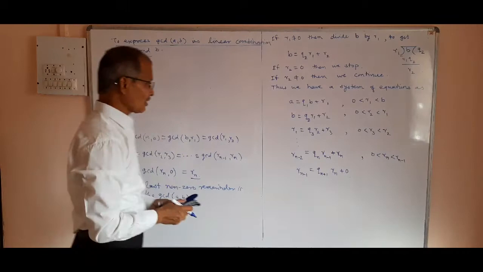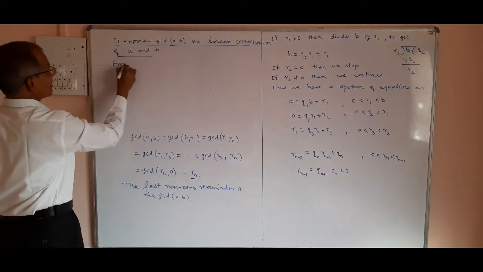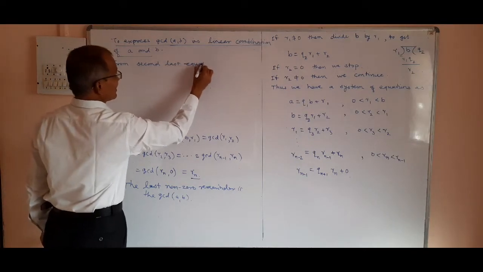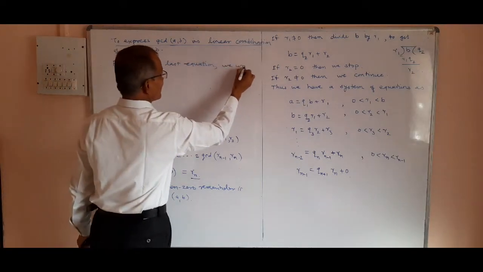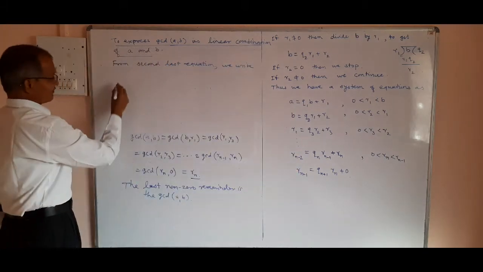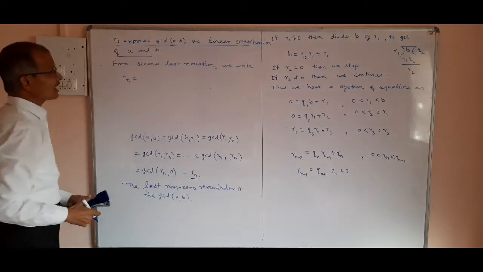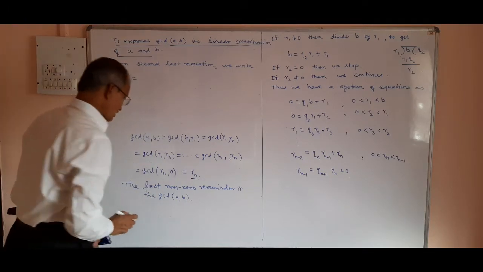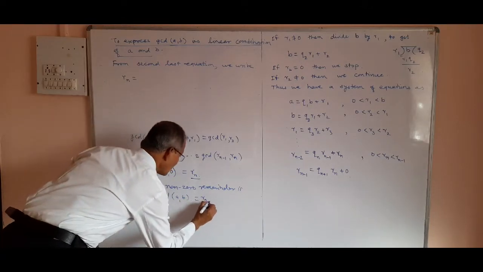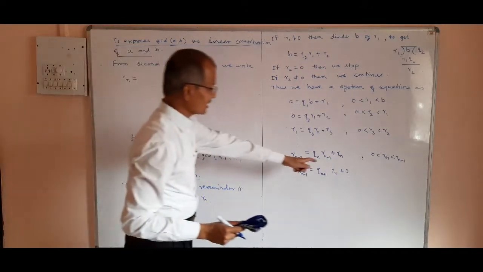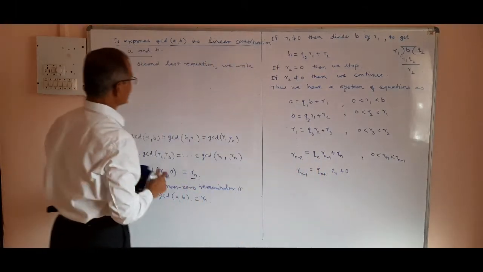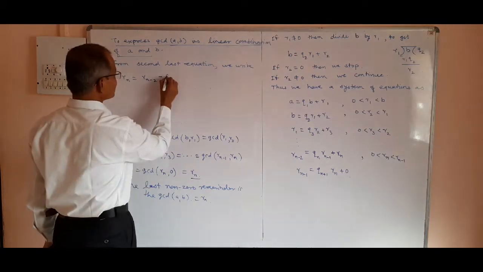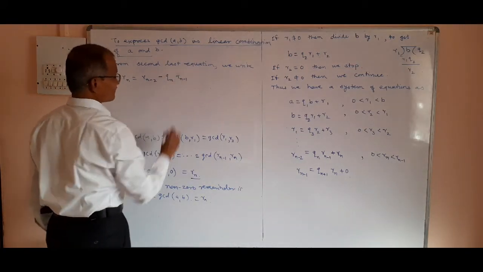From this second last equation, we write Rn, because the GCD is Rn. We write Rn from the second last equation, taking this term to the left side, as Rn minus 2 minus Qn into Rn minus 1.